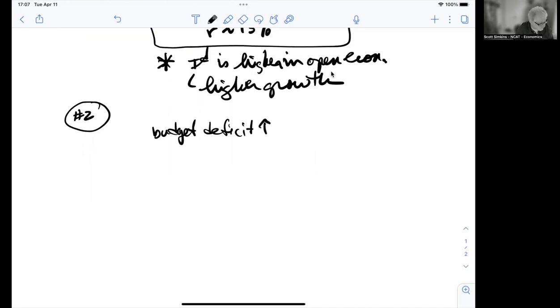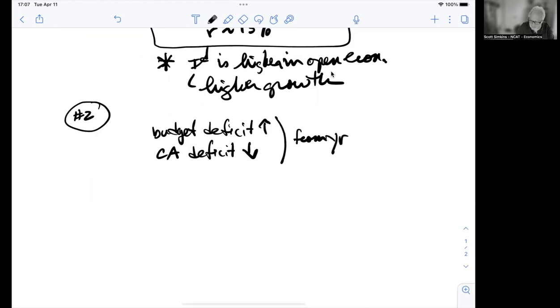And we see in the third column that the balance on the current account is actually getting less negative. So the current account deficit is decreasing from year 1 to year 3. Okay, they're moving in opposite directions, right?